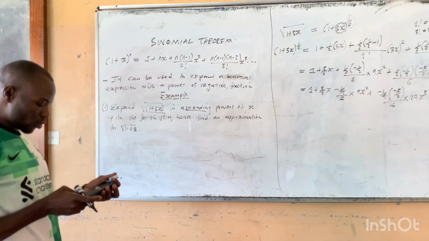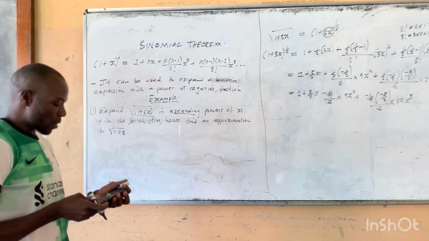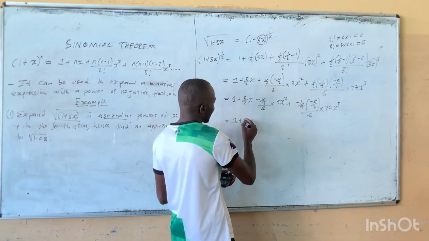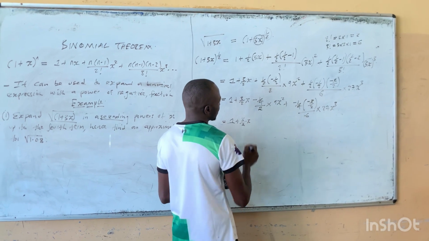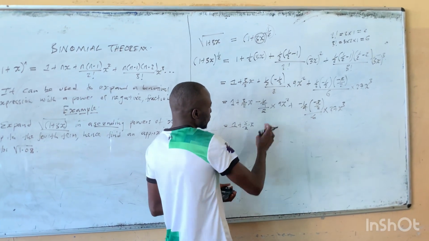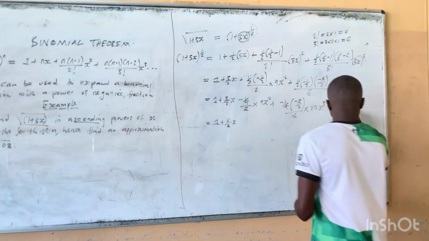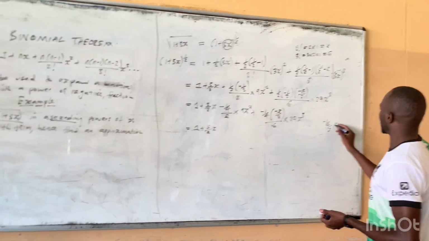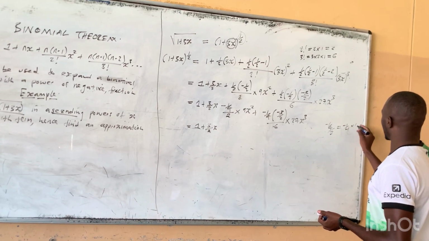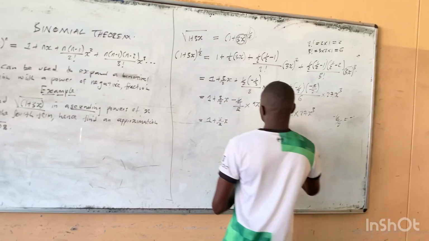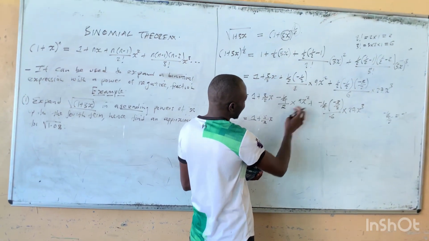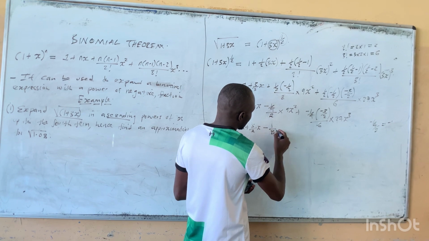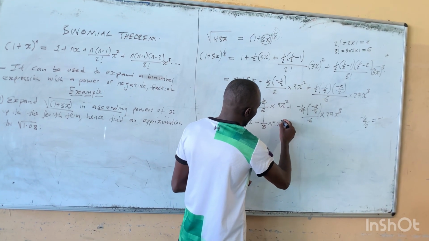So let us continue reducing. This one will still give us 1 plus 3 over 2x. Then negative 1 over 4 divided by 2 is just the same as negative 1 over 4 times 1 over 2. So this gives us negative 1 over 8 times 9x to the power 2.